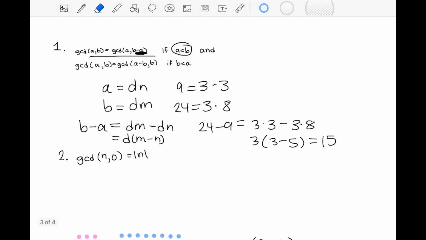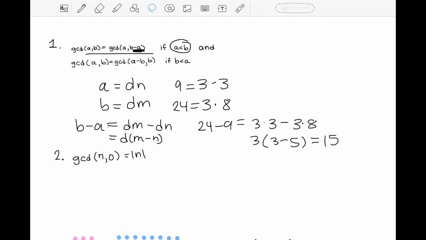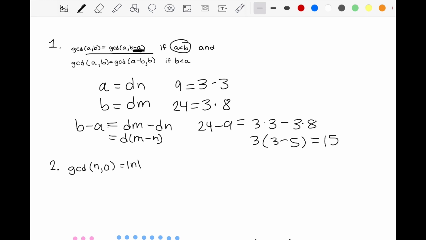Okay, the second important part is that if you take the GCD of n, which is any integer number, with 0, it's still going to equal n. So say we took the GCD of 3 and 0, this is going to equal 3. And you can think of that because if you write out the factors of 3, it is going to be 1 and 3.